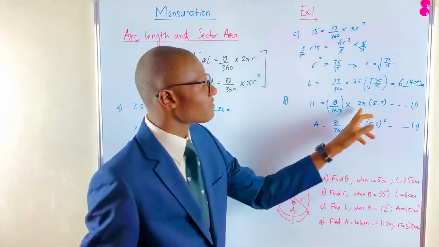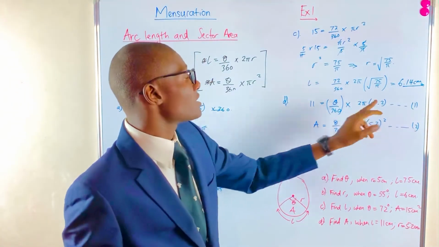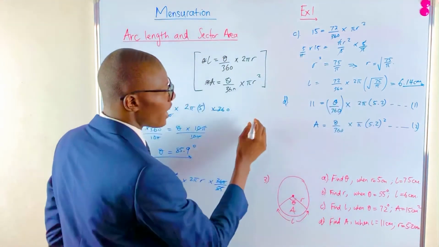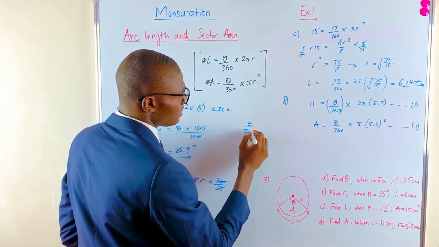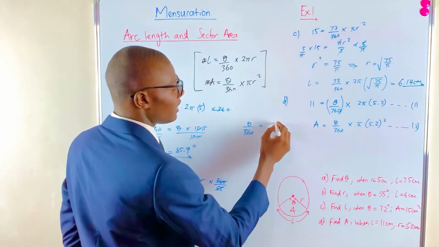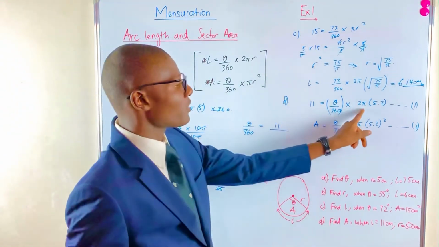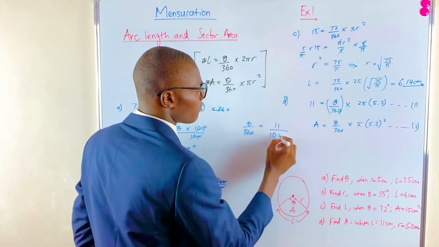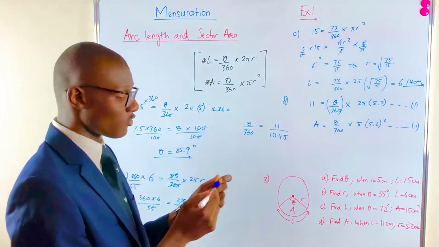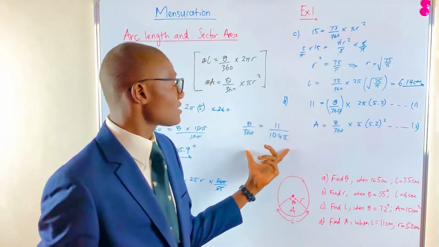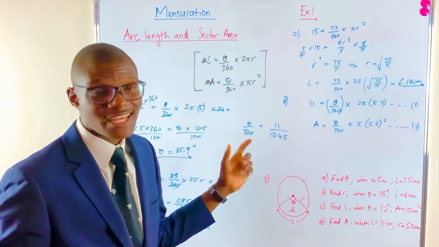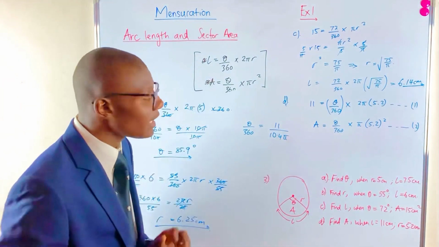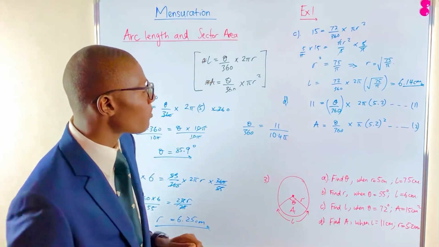So what if in equation 1, we make this the subject of the formula? It means we're simply dividing both sides by 2 pi times 5.2, which means from equation 1, theta over 360 is equal to 11 over 5.2 times 2, we get 10.4 pi. Such that in equation 2, in place of theta over 360, we're simply putting 11 over 10.4 pi.